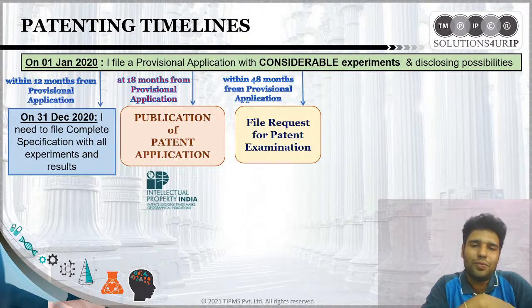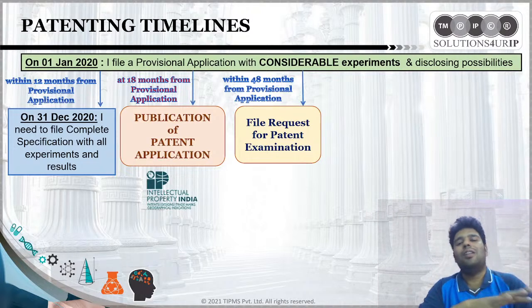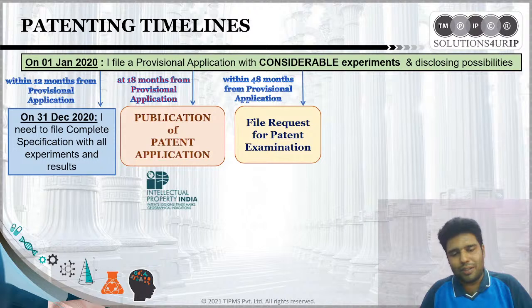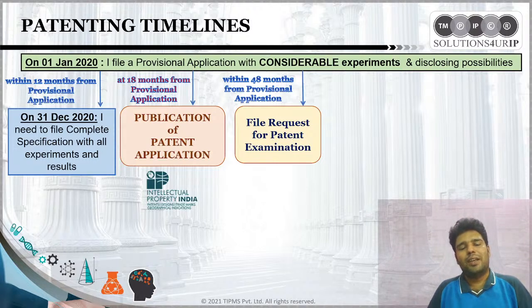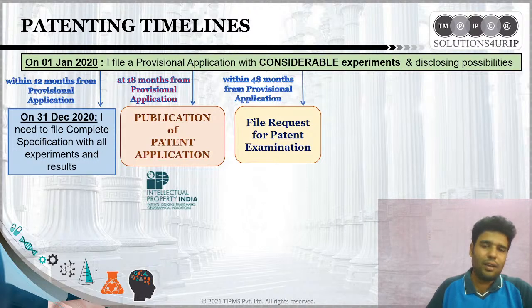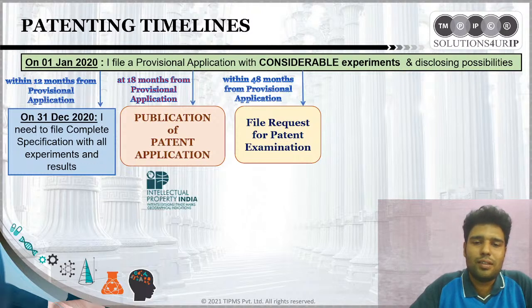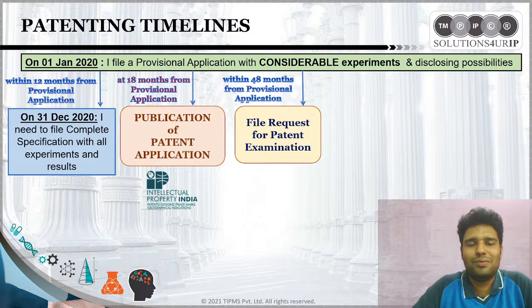Okay. So if we have the basic, see all the other forms which are there, everything is with regards to deviation from this basic timeline. The patent office allows you to comply with the deviations, if they happen, through these other forms.